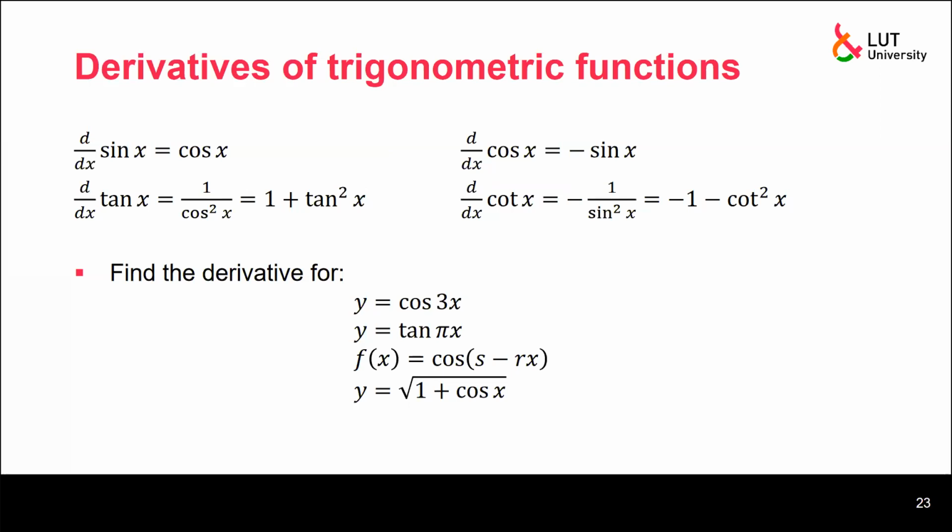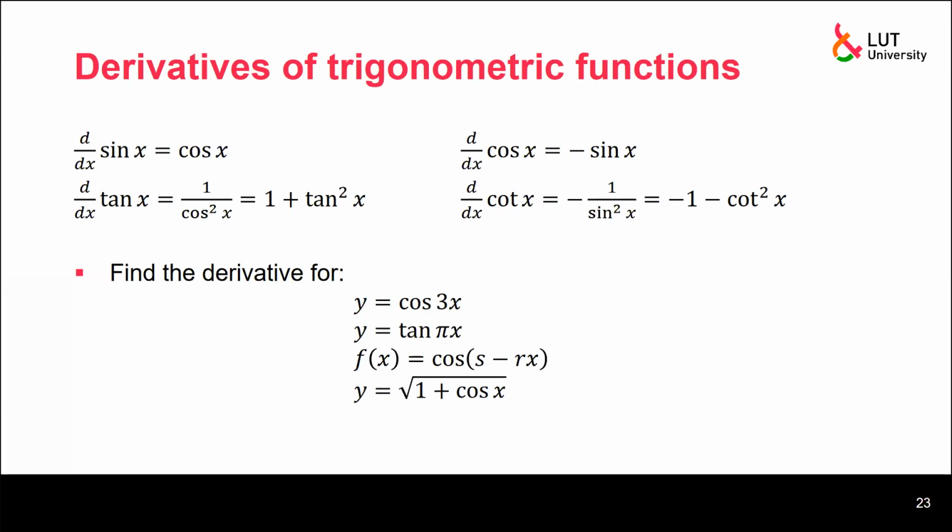So this is again the chain rule here, essentially on y equals 3 cosine x, y equals pi tangent x, and this y equals form is essentially the same as using f(x) equals. But with f(x) we have defined what the variable is.